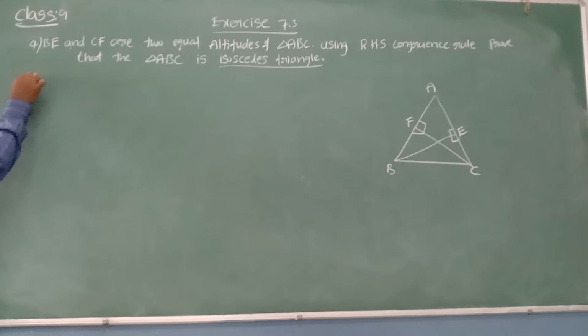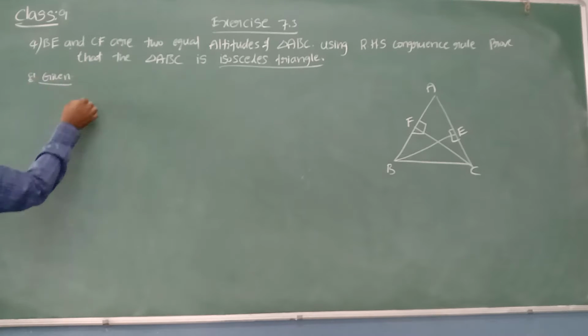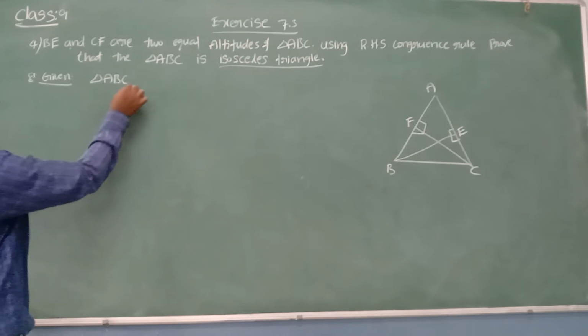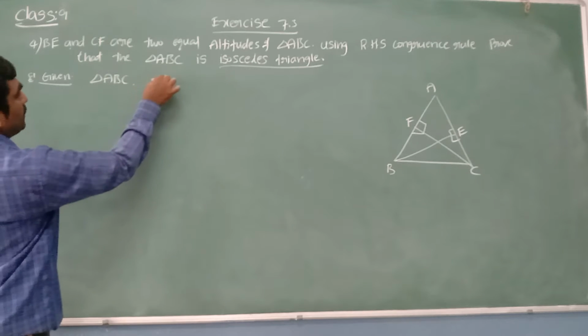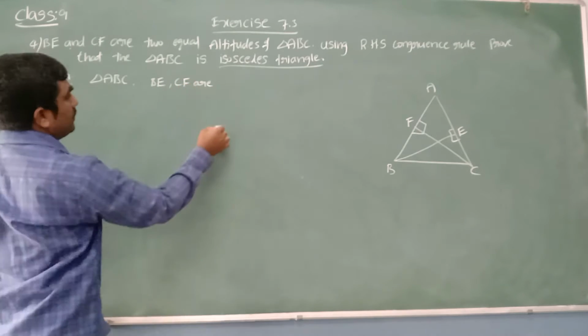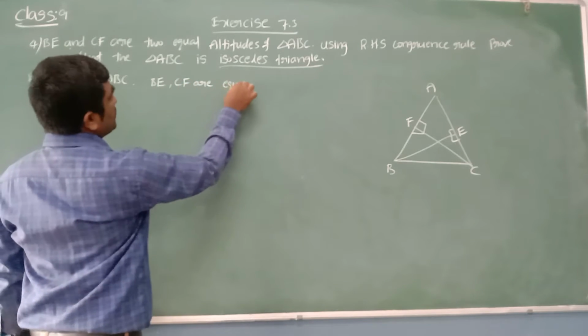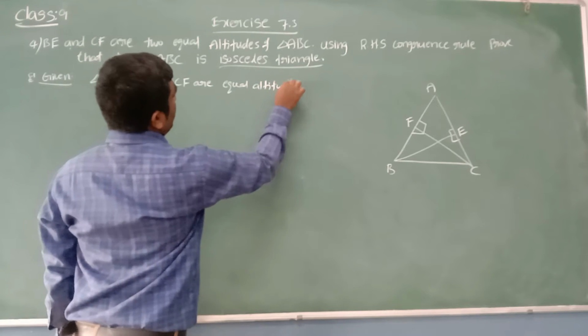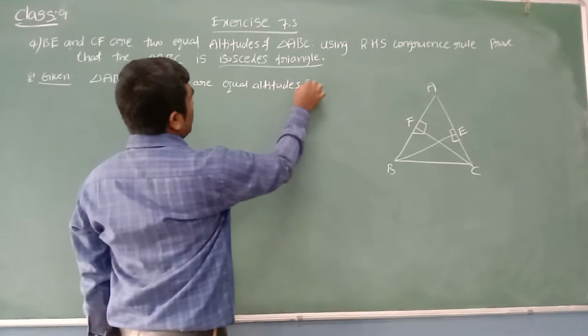Okay, solution. We first write the given data. What is given? Triangle ABC. BE and CF are equal altitudes, equal perpendiculars.